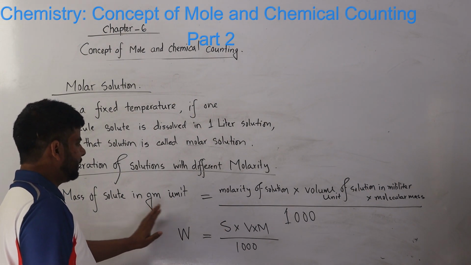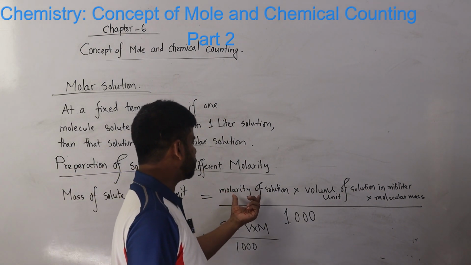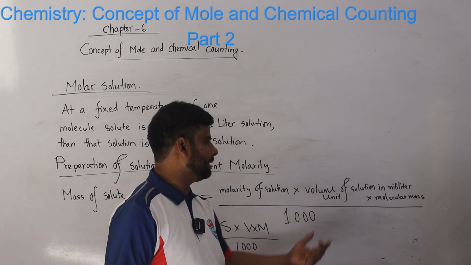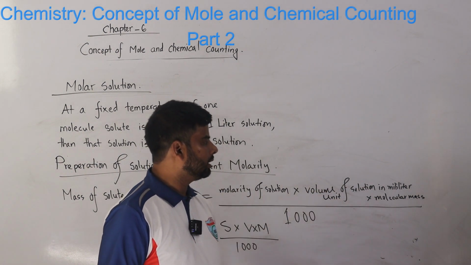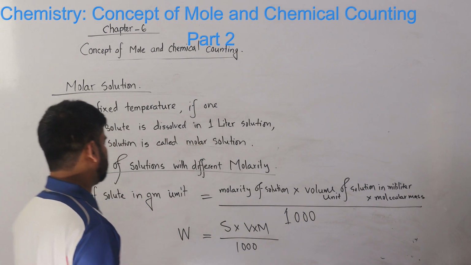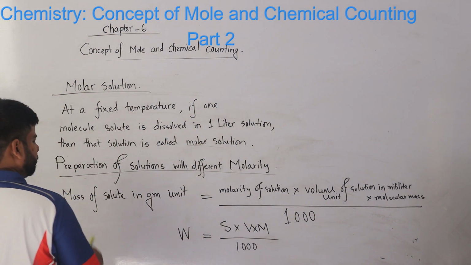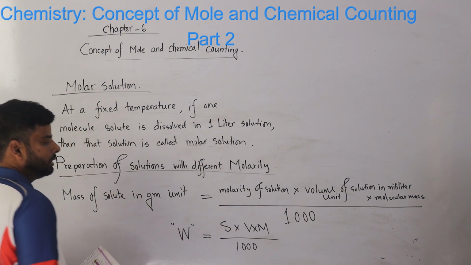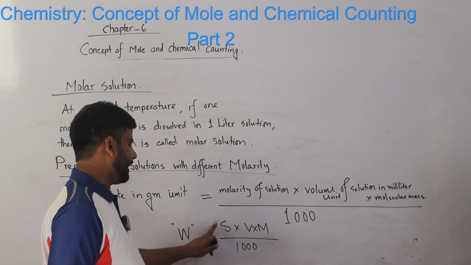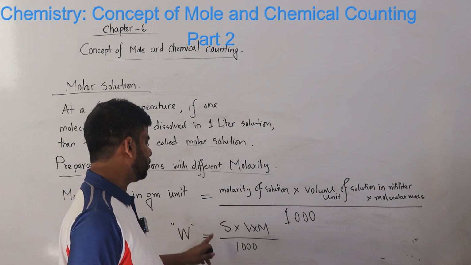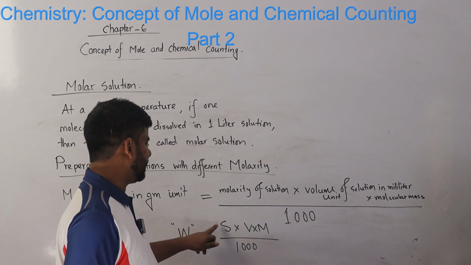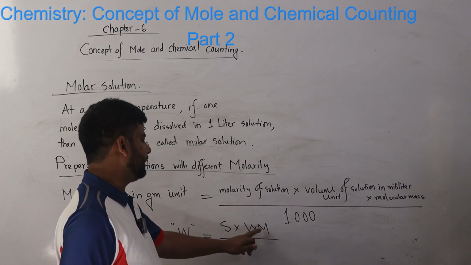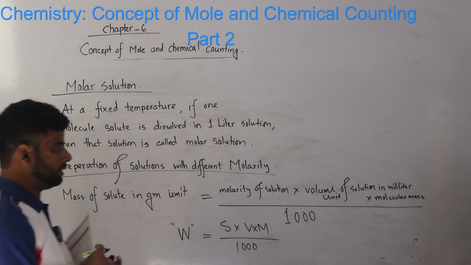Preparation of solution with different molarity. Mass of solute in gram unit equals molarity of the solution, into volume of solution in milliliter unit, into molecular mass, divided by 1000. So mass of solute is denoted by capital W. So W equals S, molarity of the solution, that means concentration of the solution, into V, volume of the solution in milliliter, into M divided by 1000.